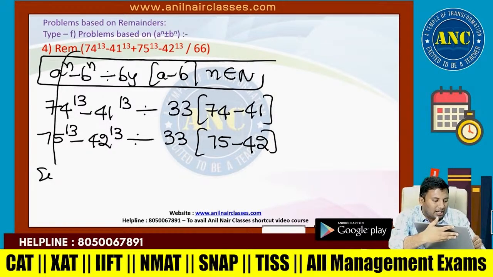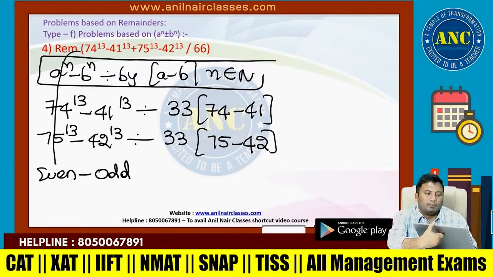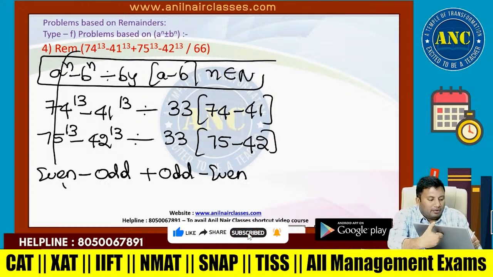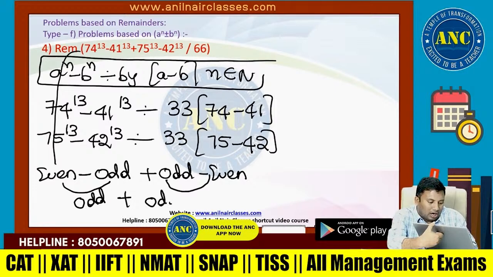74 is an even number. Even power any number is even. 41 is an odd number. 75 is an odd number. 42 is an even number. Even minus odd is an odd number. Odd minus even is an odd number.